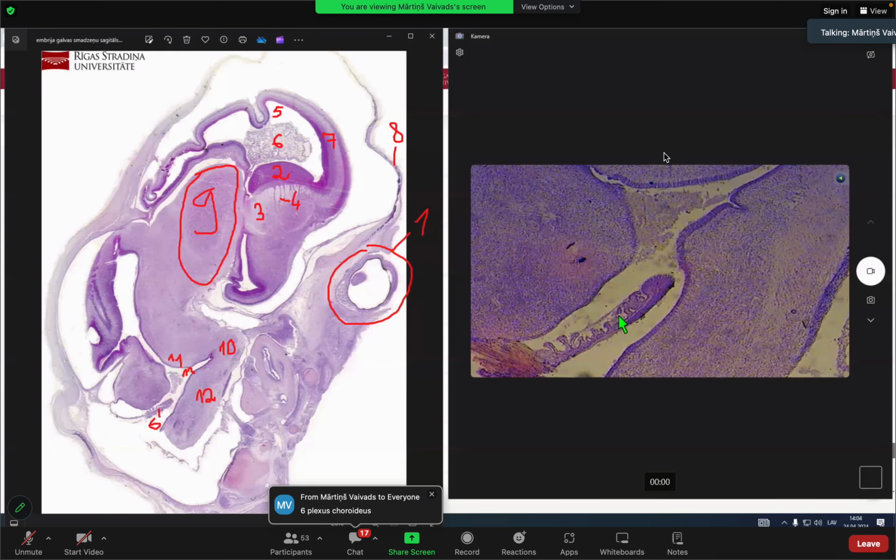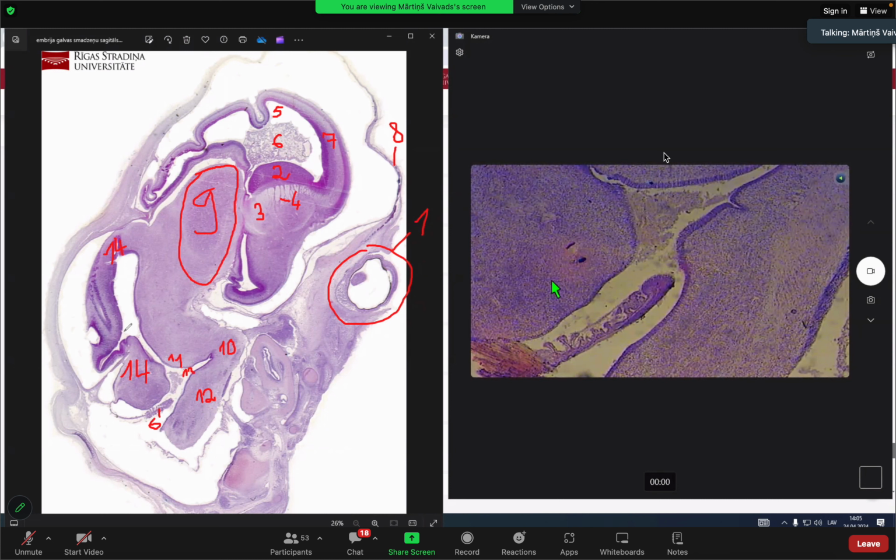Then number 14 would be here, this fragment. Cerebellum. So 14, developing cerebellum. You can add developing to every name. Cerebellum also can develop higher up, as you'll see in some slides.